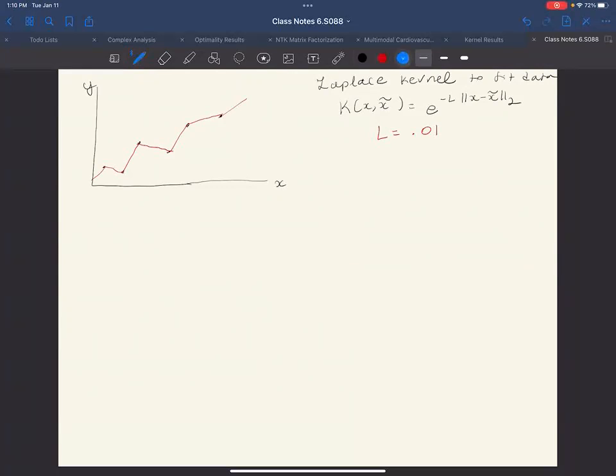In contrast, you could have a function that interpolates the data and looks very crazy, like this. This is what they typically call overfitting. It means you found a function that fits your data points exactly, but somewhere along the way it's too constrained and goes away from the data points too much, and so it has high test error. But this is not the case with the Laplace kernel when you have a small L.